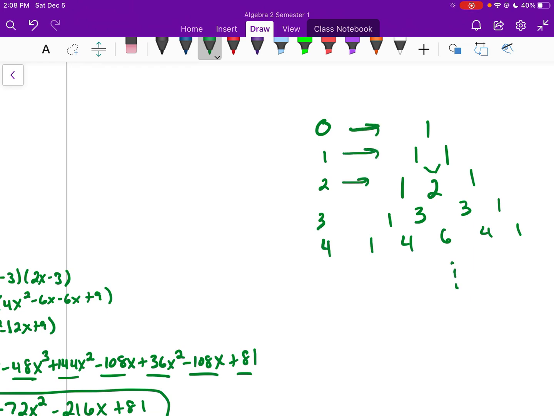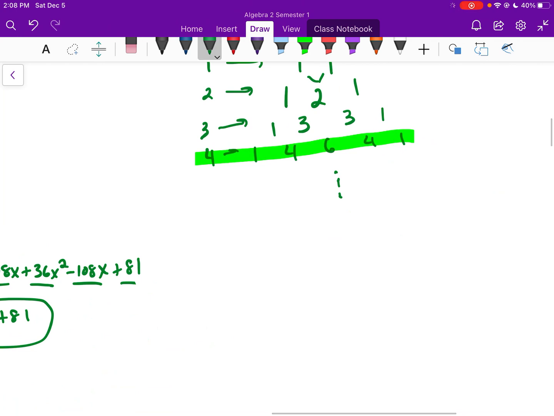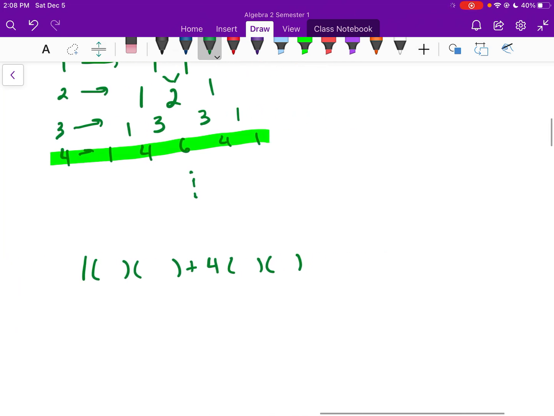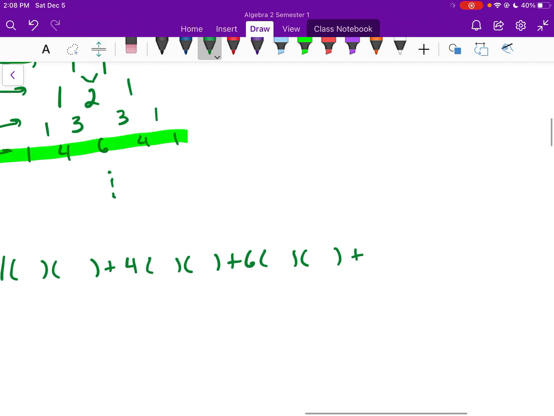Okay. So if we're taking this to the fourth power, we want to use this level of Pascal's triangle. And if we do that, those are your coefficients. And again, you set up the two parentheses. So this will be me writing here for a little bit. And that's me just taking each of those coefficients from that level of Pascal's triangle.